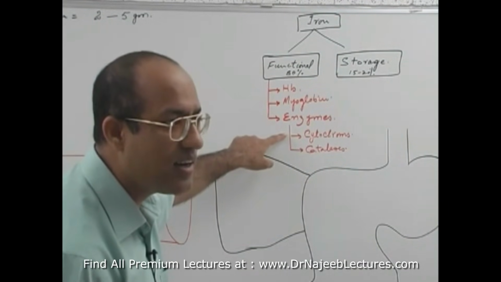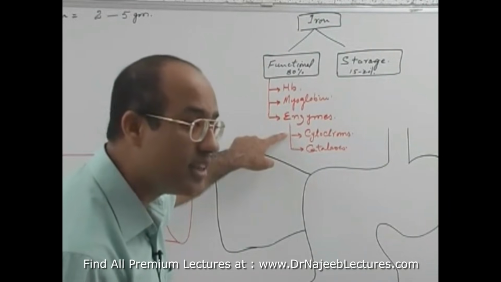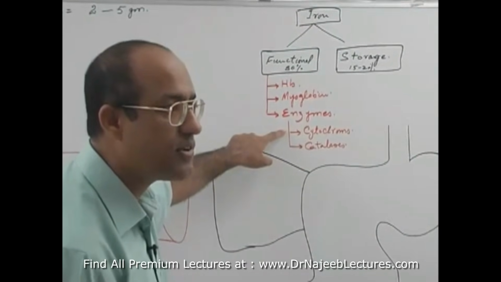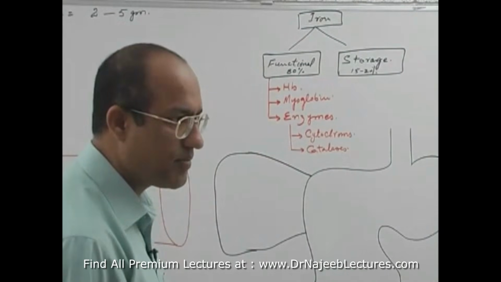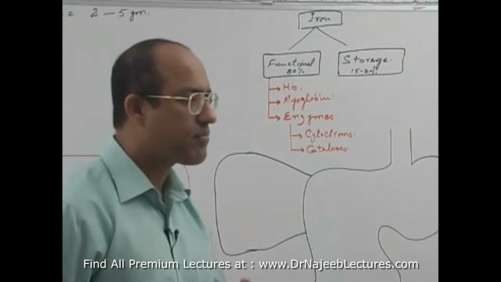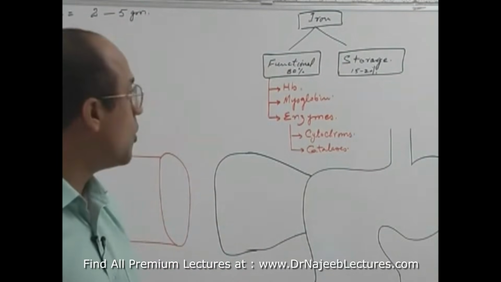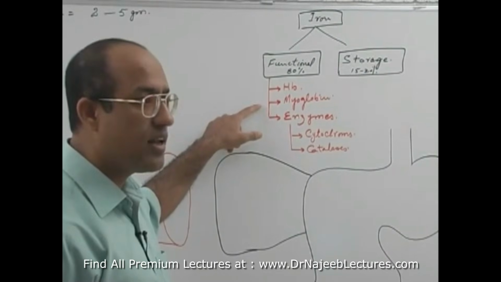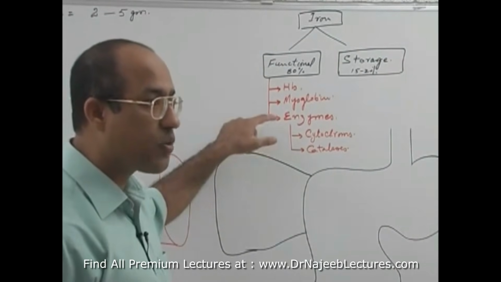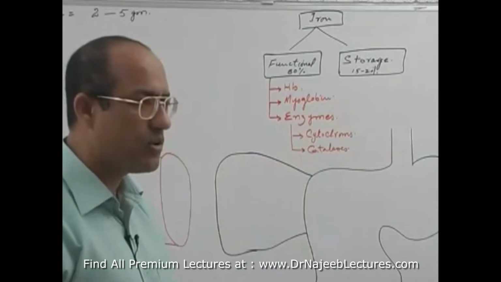So every cell with mitochondria needs iron, because every such cell must have cytochrome enzymes. It is a very poor idea that iron is only required for hemoglobin and myoglobin. You must remember, every cell with mitochondria requires iron for its cytochromes.